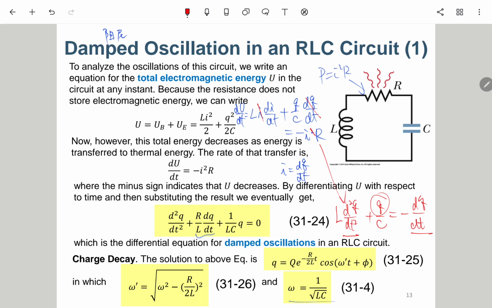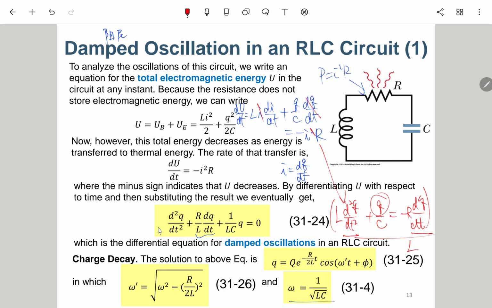Okay, so here we try to divide L on both sides. So here we have the second derivative of Q, and then we still have this R here. So we have R over L times dq/dt, and then finally we have Q and 1 over LC.